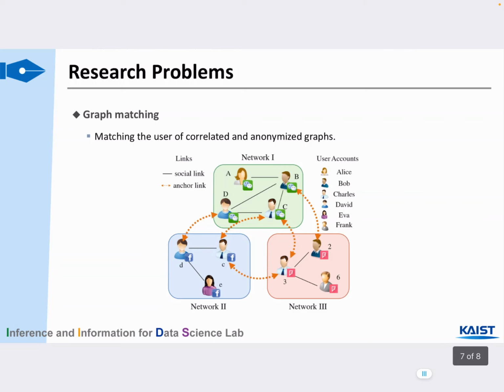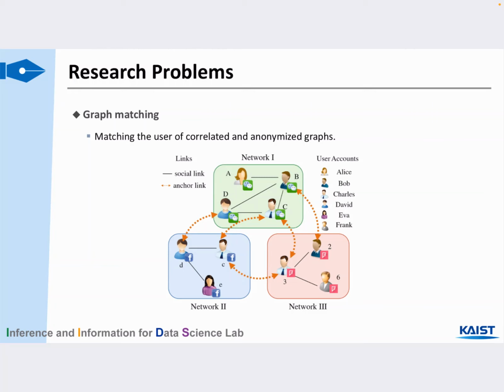The last problem I will introduce is graph matching. Social network companies like Facebook know who is connected to whom. We can describe this relationship between people with a graph where each node indicates a user and an edge is created between two nodes if they are friends on Facebook. Then a large graph is created, and for similar users, other social networks like Twitter create another large graph.